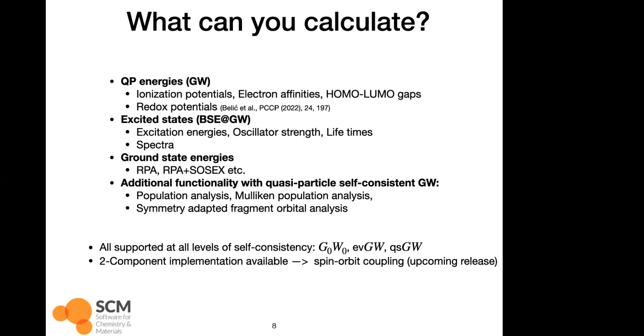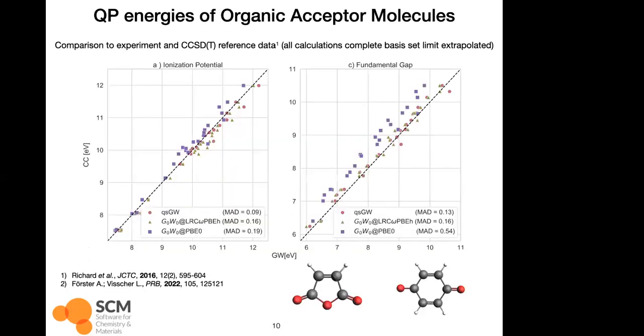So just to give you an example of how accurate it is, we calculated, for instance, the quasi-particle energies of organic acceptor molecules. That's a comparison to coupled cluster for different flavors of GW. On the left, ionization potentials, on the right, fundamental gaps. And these molecules are very nicely behaved, what you would typically call weakly correlated.